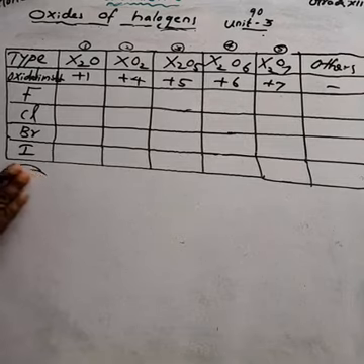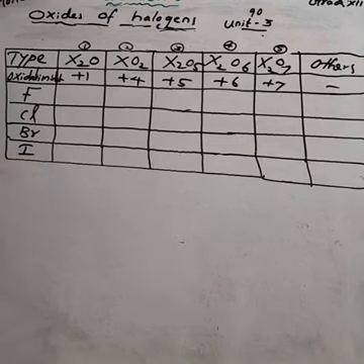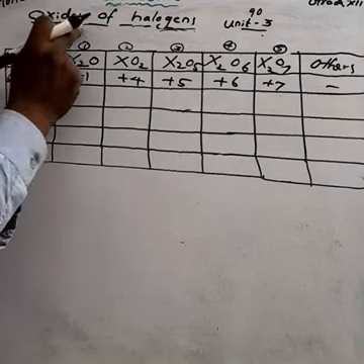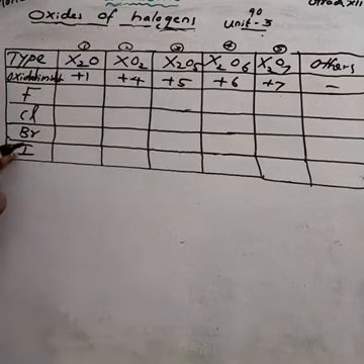Chlorine can form oxides of halogen, bromine can form oxides of halogen, and iodine also can form oxides of halogen, except fluorine.